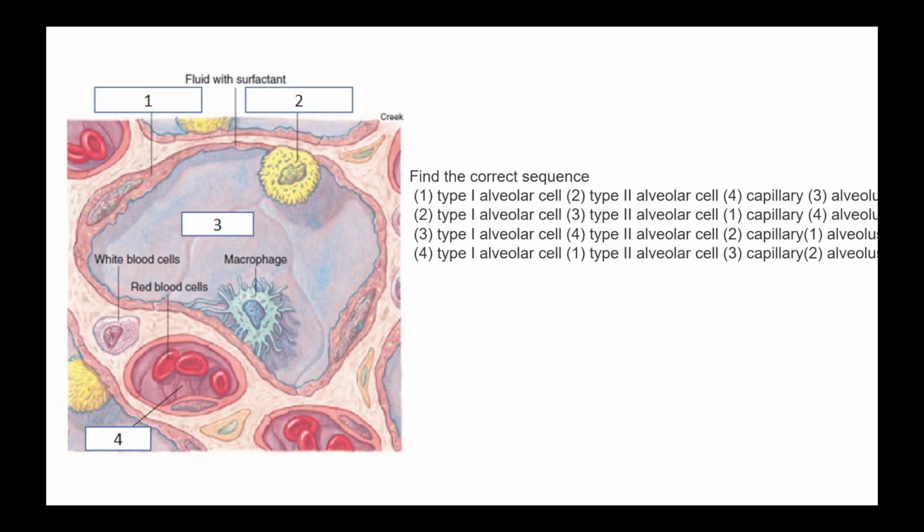This sac or air-filled cavity is called what? Alveolus. It is an alveolus, a single one, that is why alveolus. If there are multiple, they are alveoli. So this entire cavity is the alveolus, where the gaseous exchange will take place.